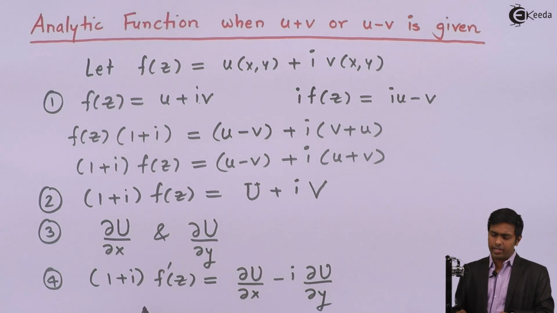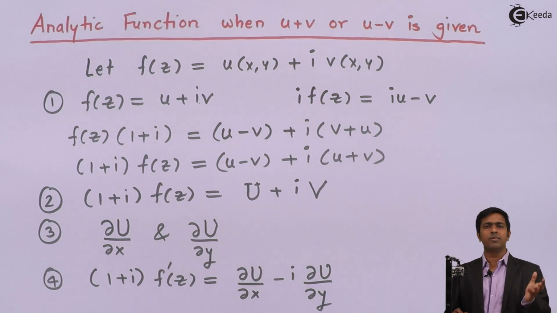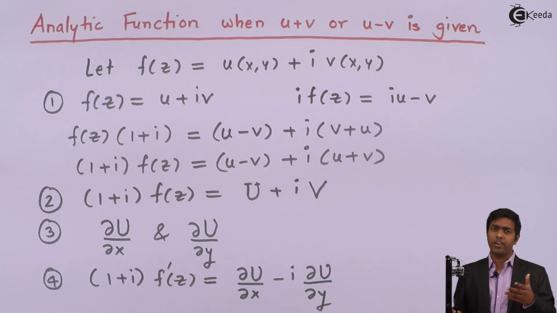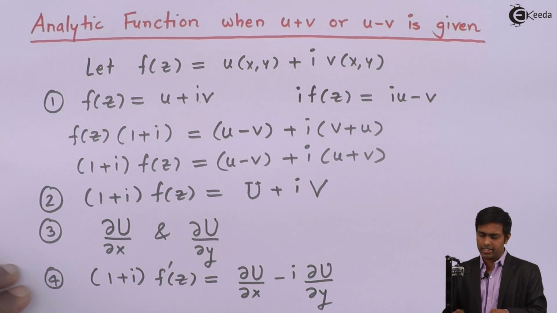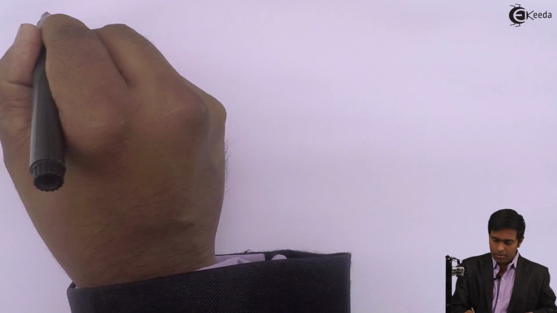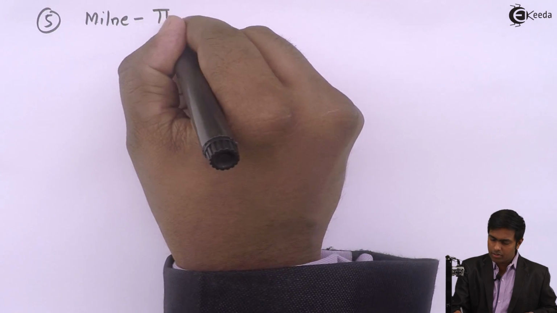Next, once we get the value of f dash of z, we are going to apply the Milne-Thompson method, and by the Milne-Thompson method we will convert this f dash of z in terms of z, and then integrate both sides to get the value of f of z. So step number 5 is Milne-Thompson's method.